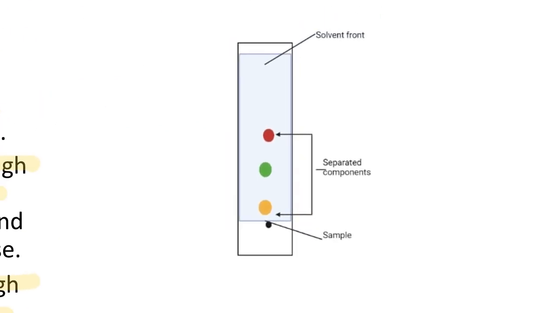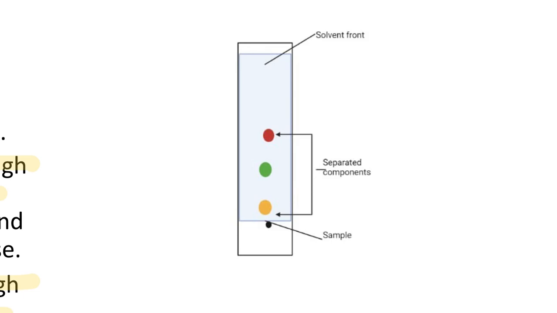All right, so what's happened here is that they've put the mixture of components down here. Then they've put this piece of paper inside a mobile phase, and the mobile phase has forced them to move this way up the stationary phase. The stationary phase is like this rectangle here, right? So this red one here has moved the furthest from the original spot, right?